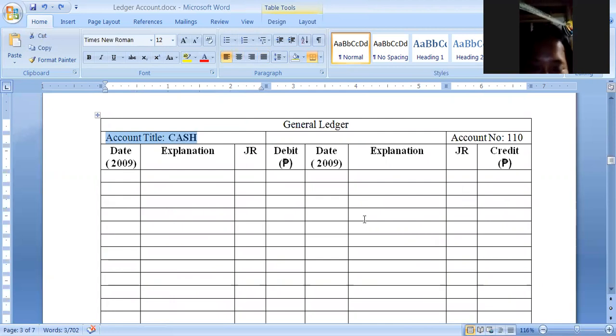So our ledger account consists of account title, cash, account number, date, explanation, journal reference, debit, and on the right side, date, explanation, journal reference, and credit.